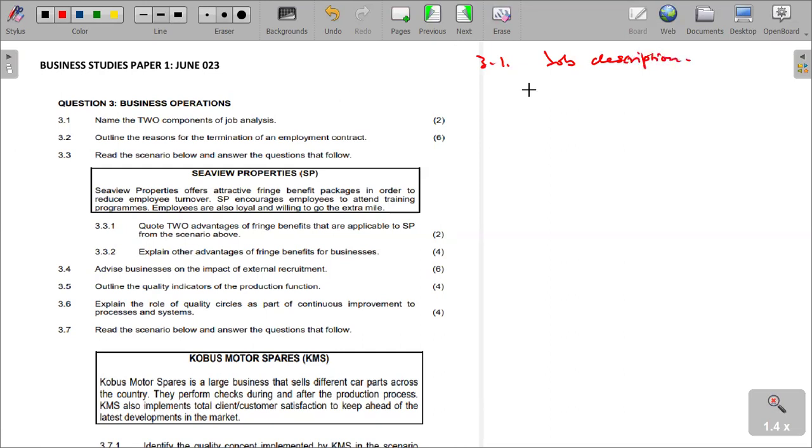We can talk about job description, and also job specification.